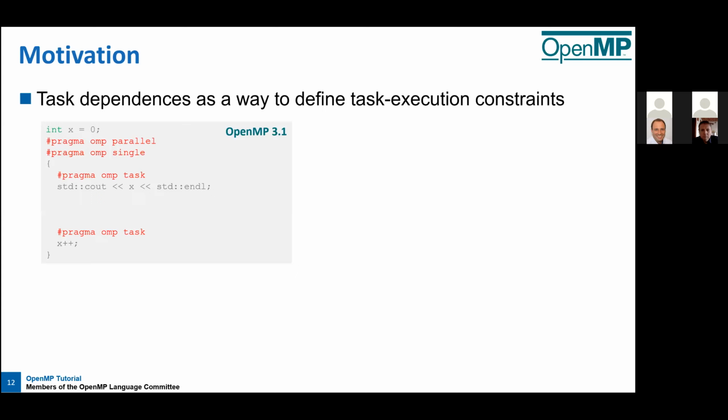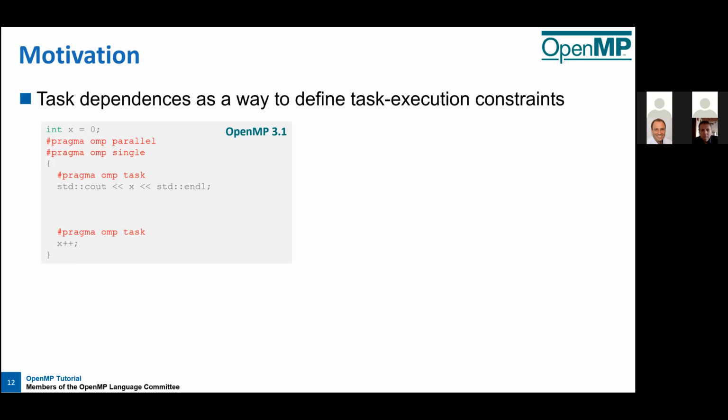So in OpenMP 3.1, this is pretty much what Christian and I were talking about in terms of task synchronization so far. What we want to do here is have a task that prints X on the console and then have another task to increment X. Obviously the order in which we execute those two tasks is important, because if we execute the increment first, we will see a different value printed on the console, right?